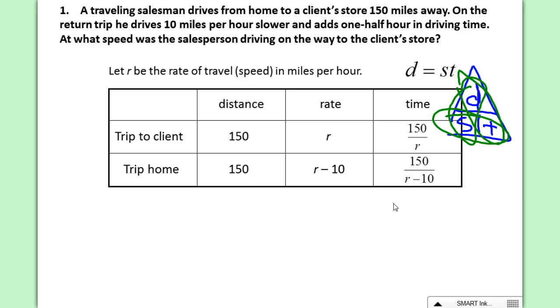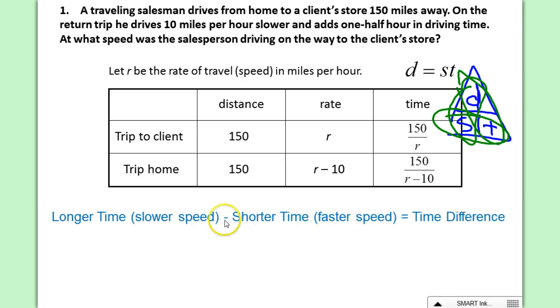However, they're a 1/2 hour apart. So the longer time minus the shorter time gives you a time difference. And what's tricky is, I know he's got more speed here, but more speed means shorter time. So you need to subtract this smaller time from this bigger time.